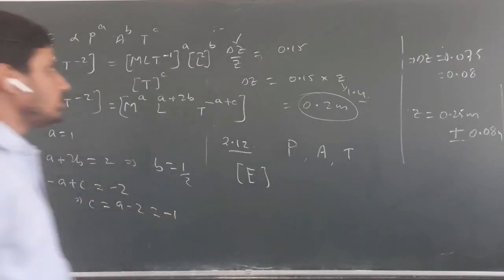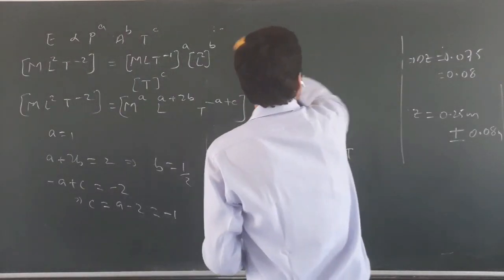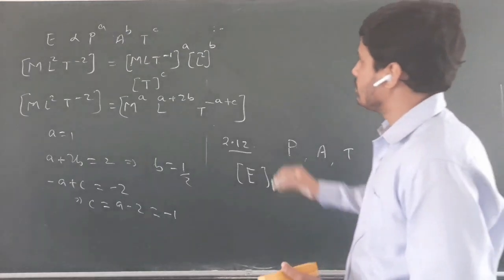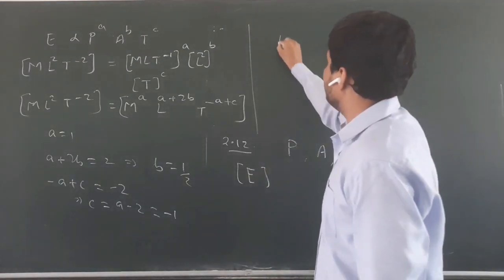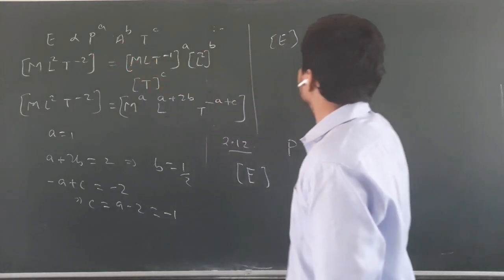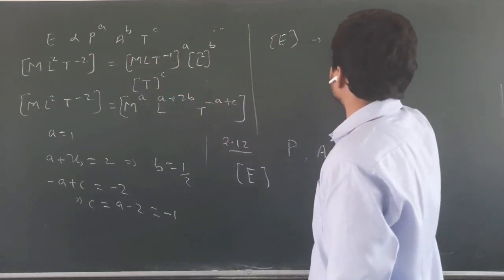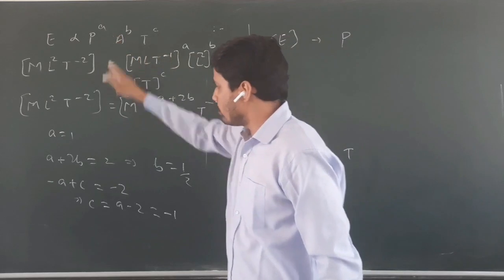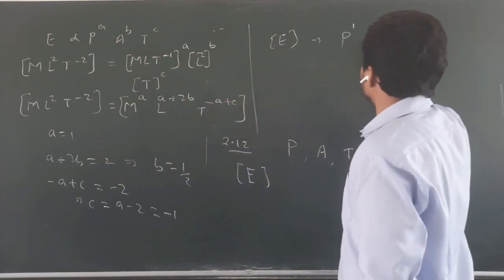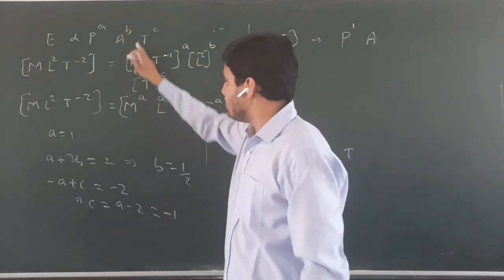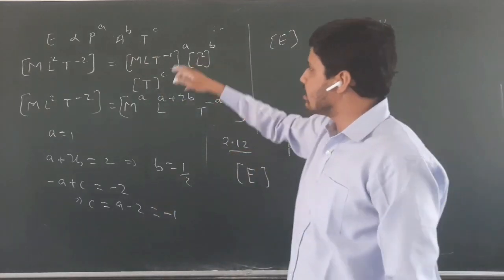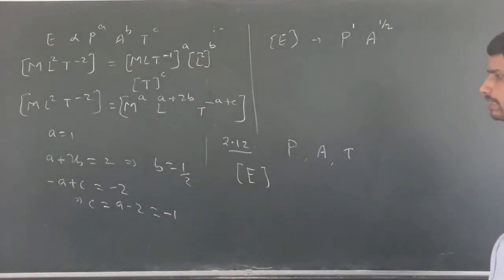So with these values, our energy, which we have written as this, will have same dimensions as P to the power a. Now a is 1, so P to the power 1, A to the power b. Now b we have got half, and T to the power c. c is minus 1.